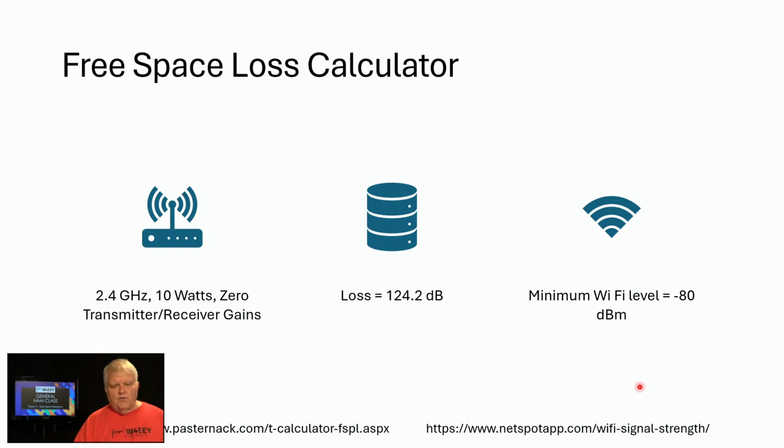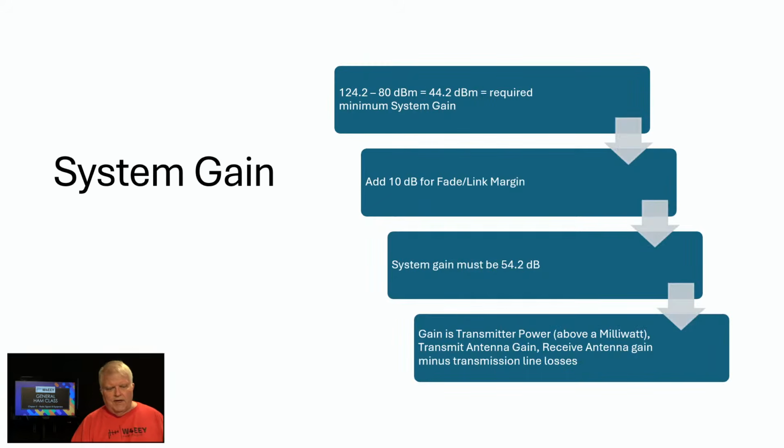And we know that to receive a minimum acceptable signal, we need to be receiving at least minus 80 dBm. So this is why engineers on these kinds of systems really like the decibel, because it helps in calculations. A little confusing at first, but I think you can get it.